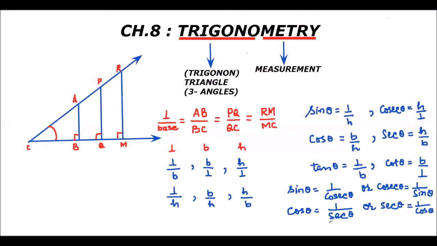And tan theta is equal to 1 upon cot theta, or cot theta is equal to 1 upon tan theta. So we have 6 relations here between these trigonometric ratios. All these 6 ratios are also known as trigonometric ratios.